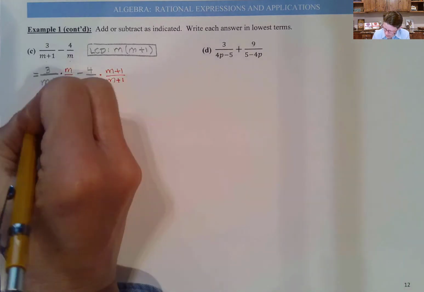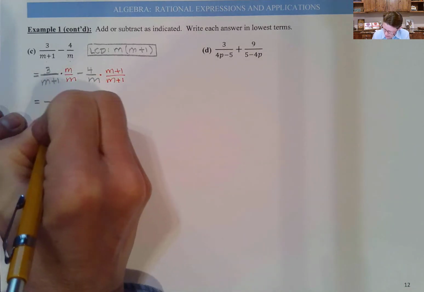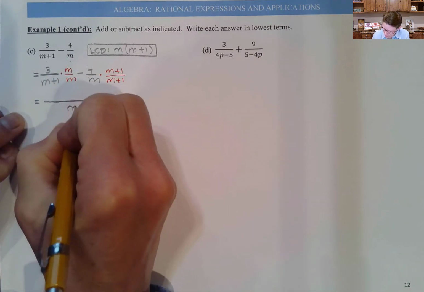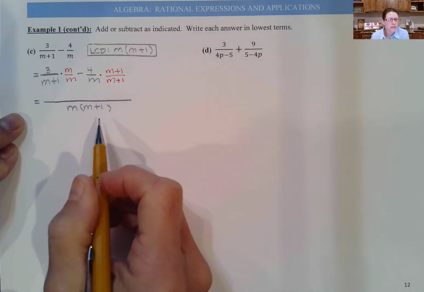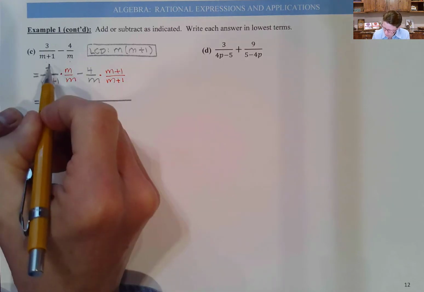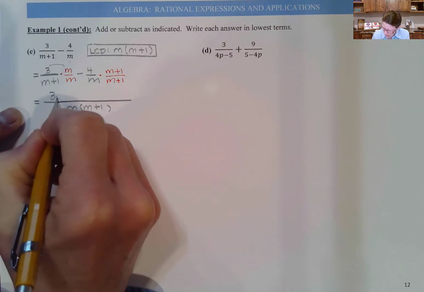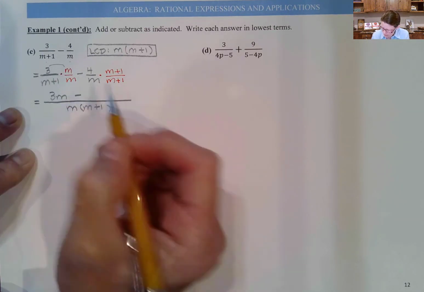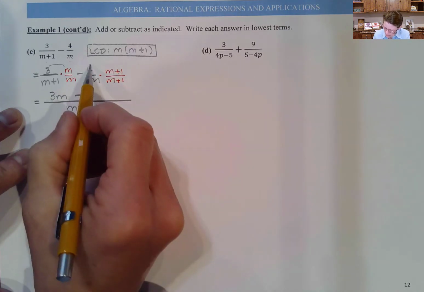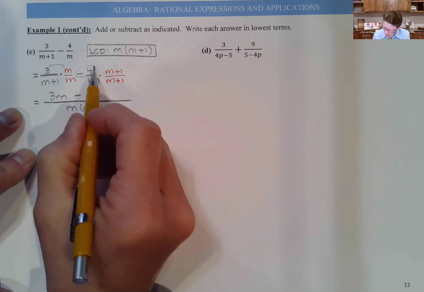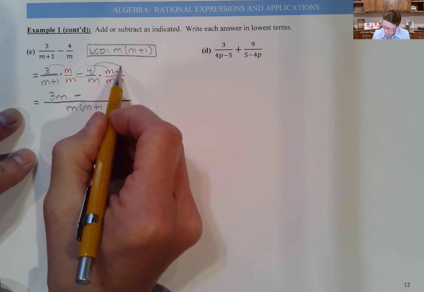In this case, each of those fractions has the same common denominator, m times m plus 1, and now we just clean up in the numerator. Multiplying, we've got 3m minus. Now be careful here. We want to take negative 4 and distribute it to both the m and 1.